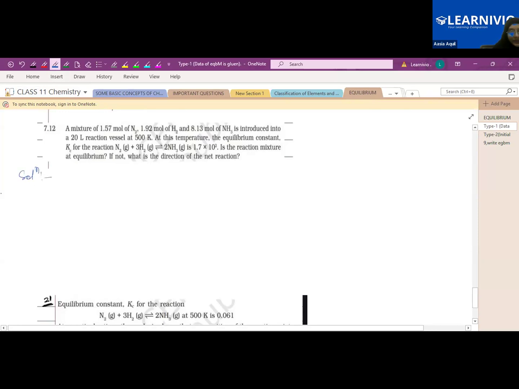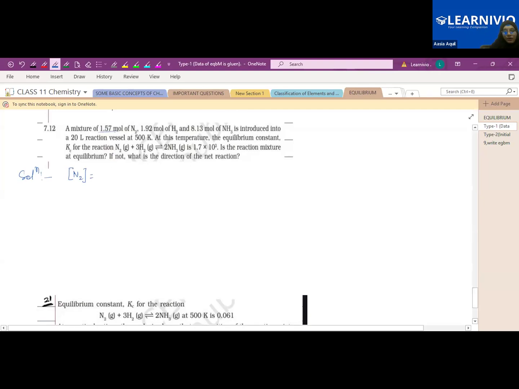So first, let's write down the concentration. What is the concentration given? Concentration here basically means molarity, because we are talking about moles per liter, and mole per liter is molarity.